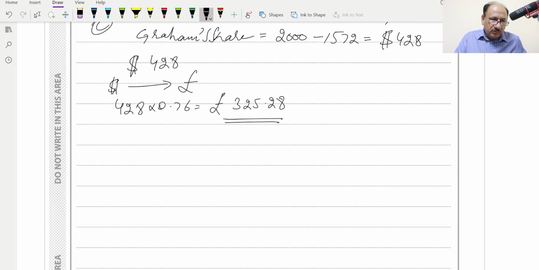Now for option 2, we have to convert first dollars to euros.